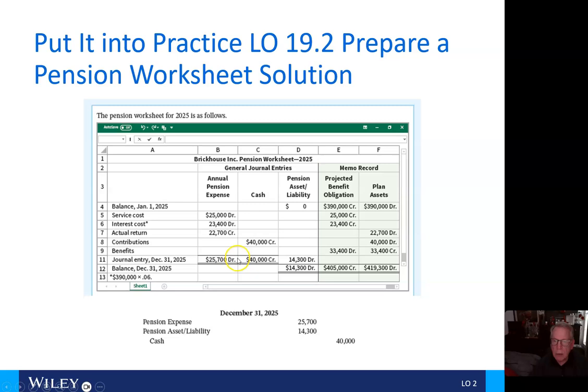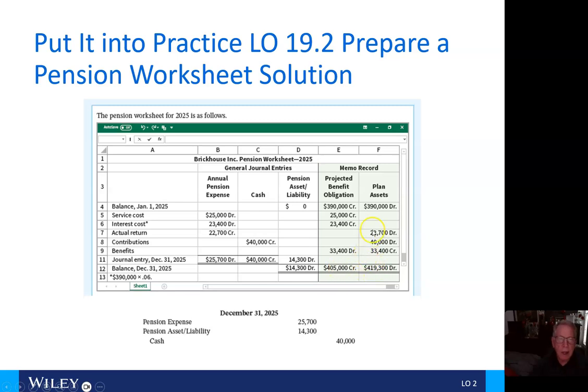And the journal entry at December 31, 2025 would be $25,700 debit. Cash would be the $40,000 contribution, which would be a credit. And so the pension asset/liability then would be $14,300 debit.